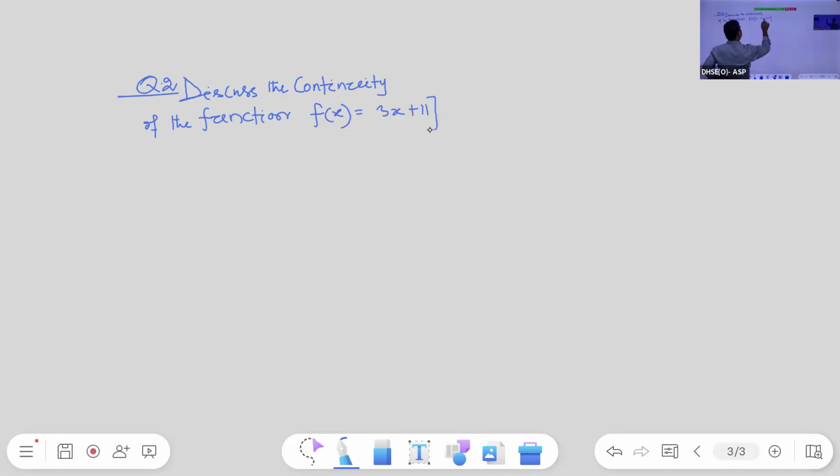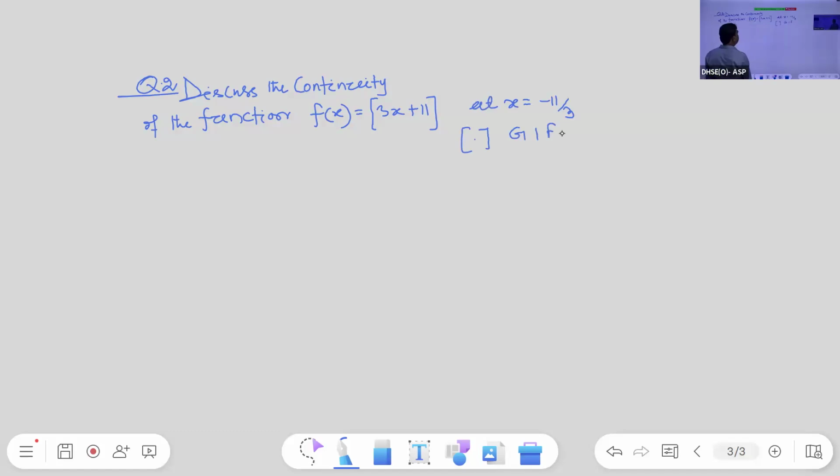Discuss the continuity of the function f of x equals bracket 3x plus 11 at x equals minus 11 by 3, where bracket is the greatest integer function, GIF.